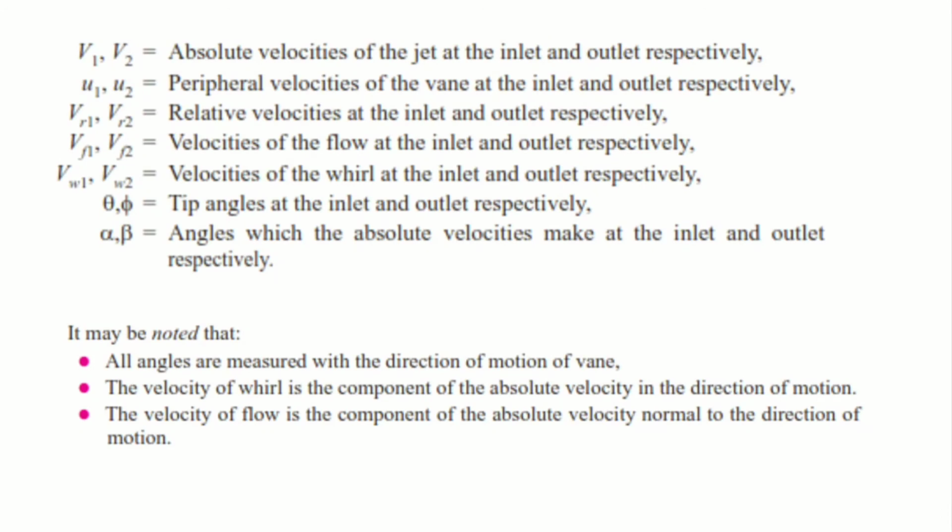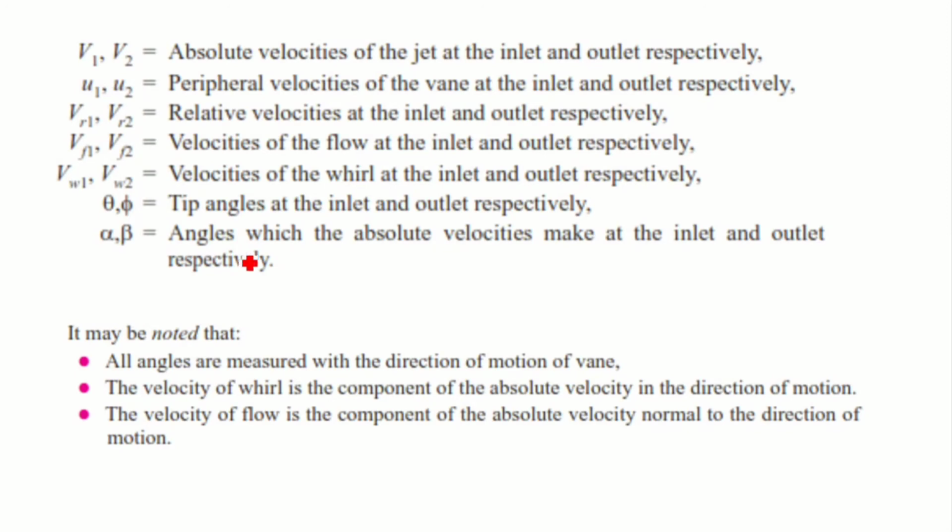In this slide, the various terms are described: V1 and V2, absolute velocity of jet at inlet and outlet respectively; U1 and U2, peripheral velocities of the vane at inlet and outlet respectively; VR1 and VR2, relative velocity at inlet and outlet respectively; Vf1 and Vf2, velocities of flow at inlet and outlet respectively; Vw1 and Vw2, velocity of whirl at inlet and outlet respectively.